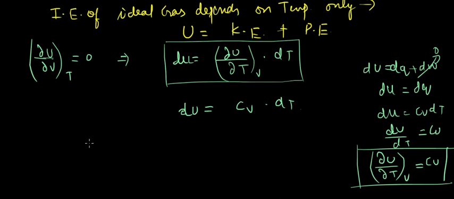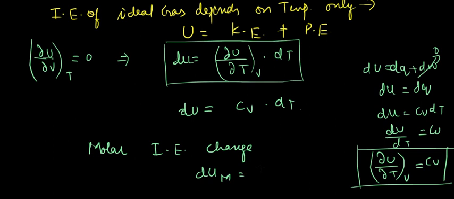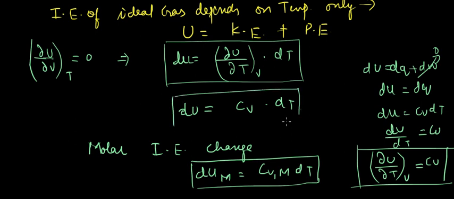And similarly, we can write that the molar internal energy change, dUm, can be written as Cvm dT. So these two are important formulas which we have just derived.